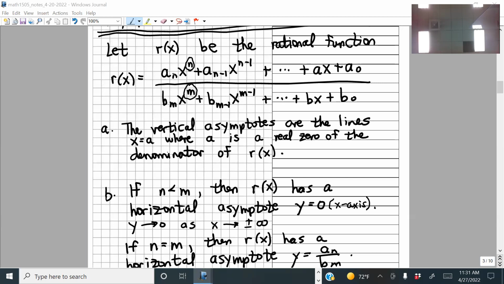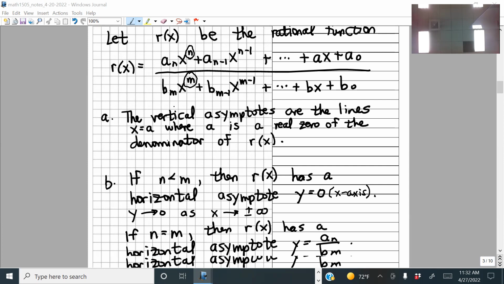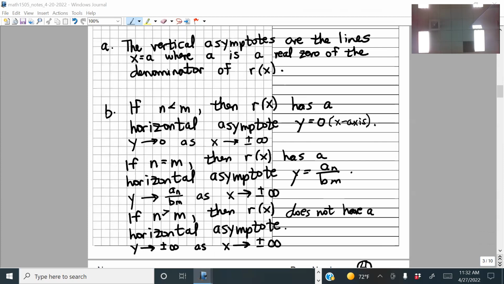You take the top leading coefficient divided by the bottom leading coefficient, and that's going to give you the value for the horizontal asymptote. That's what this line in the middle says. If the degrees are the same, then just take the quotient of the leading coefficients. That's where the horizontal asymptote occurs.